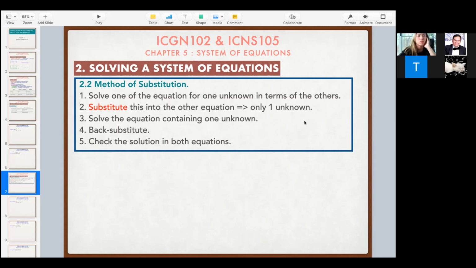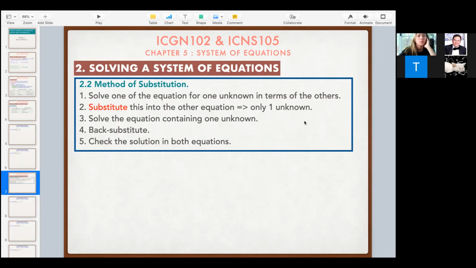After that you solve the equation containing one unknown to get the answer for x or y. When you get the answer for x or y already, you back substitute it into the other equation. So you get the solution.